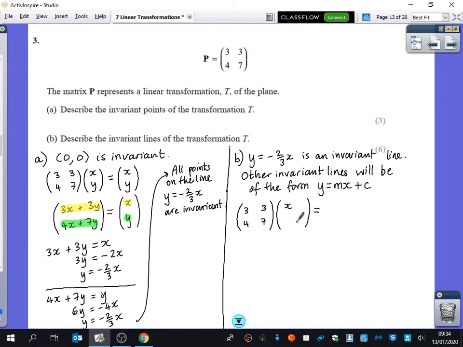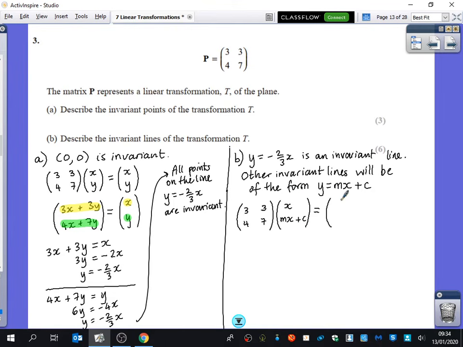So what could I write instead of y? No, I already know that minus 2 over 3x is one of them. I'm wanting to keep it as general as possible. So I'm going to say my y value is just mx plus c. So we've still got this relationship between the x coordinate and the y coordinate. They've just come from y equals mx plus c.